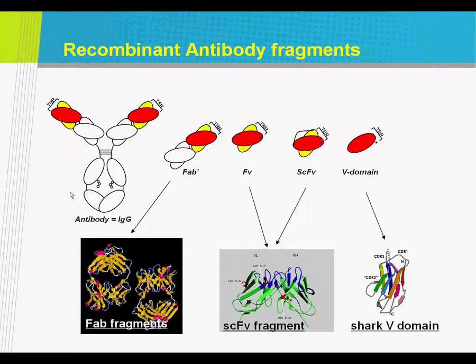The conventional way would have been that we express these, and then we would use the conventional protein purification methods to purify these. We would then take the corresponding antigen, immobilize it onto the chip surface, and set up a kinetic analysis by injecting the antibody over the immobilized antigen.